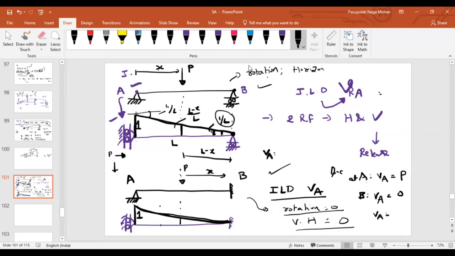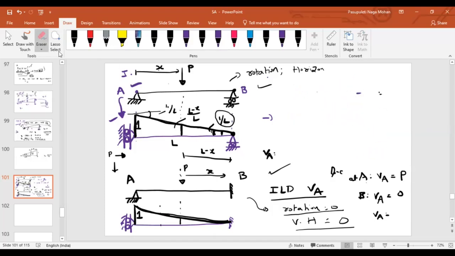Why? Because what is this type of structure? This first case, indeterminate or determinate? The first case is determinate, isn't it? For drawing ILD, what you are doing? You are releasing one force, isn't it? Previously, how many reactions exist?